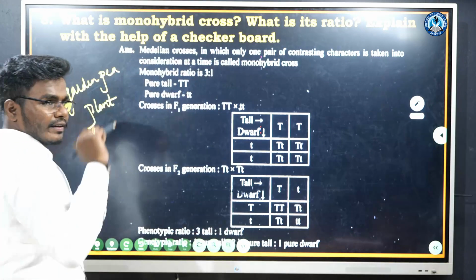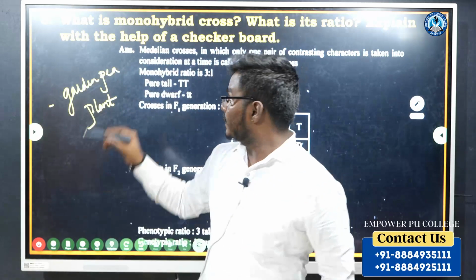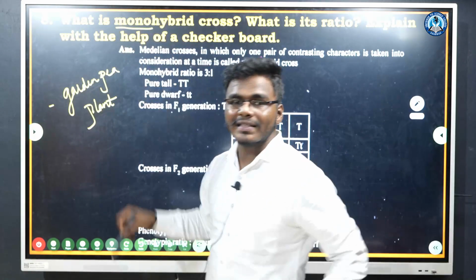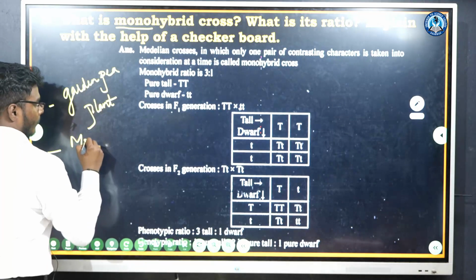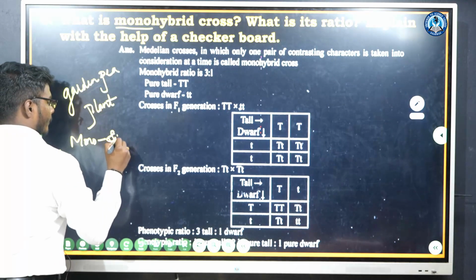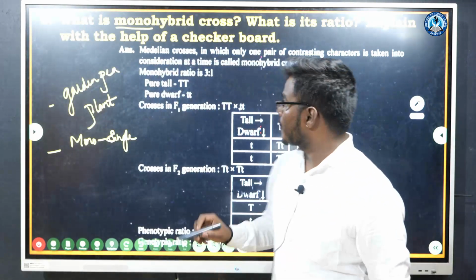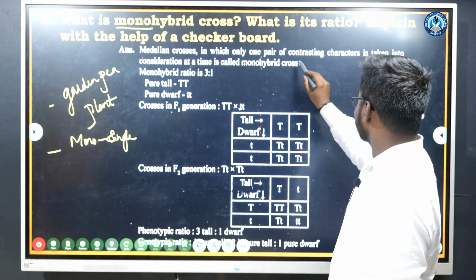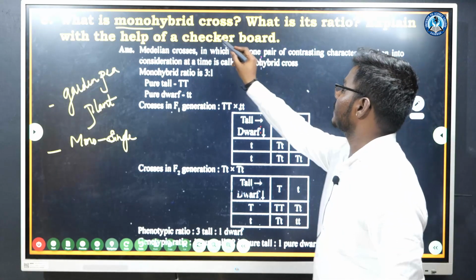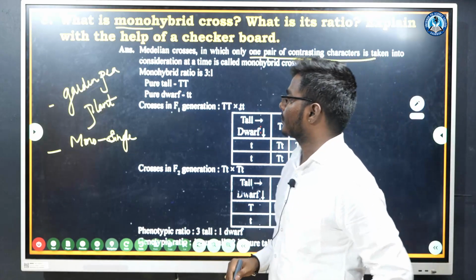So what he did is a monohybrid cross. I repeat, monohybrid. The word itself says mono means single. In Mendel's monohybrid cross, only one pair of contrasting characters is taken.